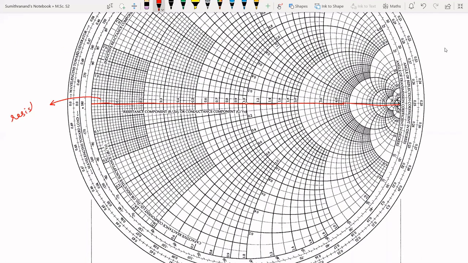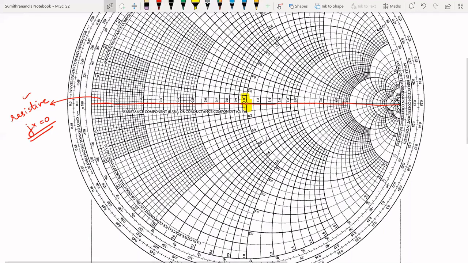Here the reactance component is 0. So it is a purely resistive axis where the center is marked as 1. It represents the center of the Smith chart.